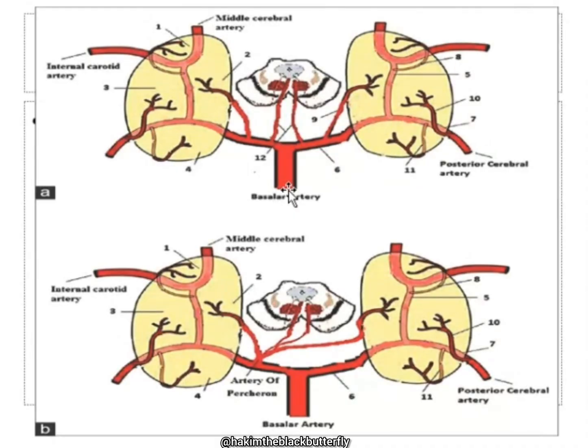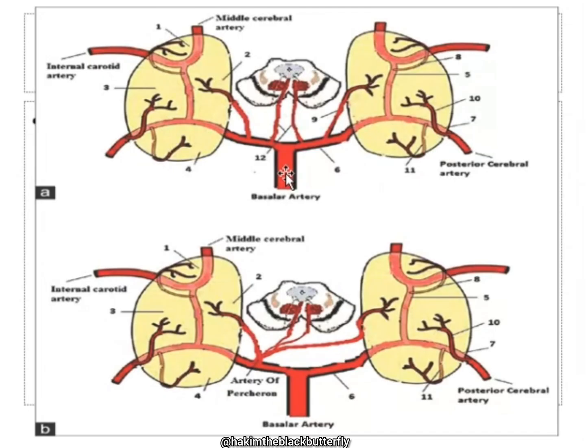Then they move along the medulla oblongata, those vertebral arteries. But when they reach the junction between the medulla oblongata and the pons, the two vertebral arteries join to form the basilar artery.